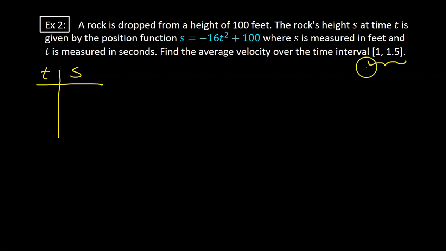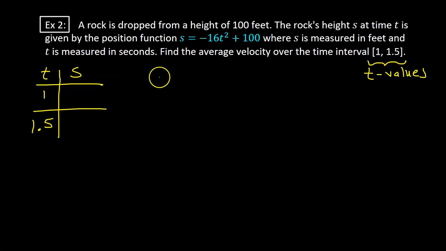All right, it's a time interval. These are t values, both of them. So we have a t value of 1 and we have a t value of 1.5. So we need to find the position values that go with these time values.